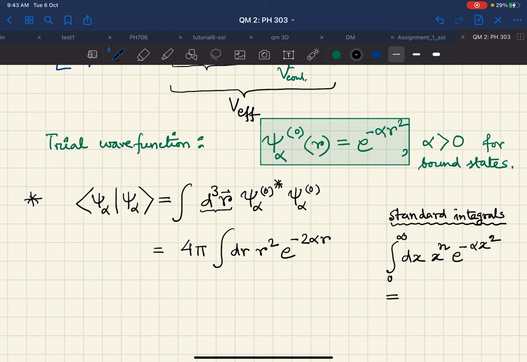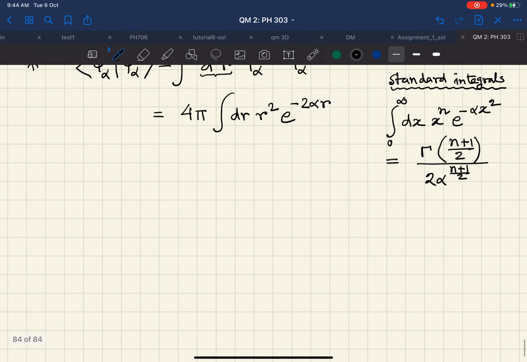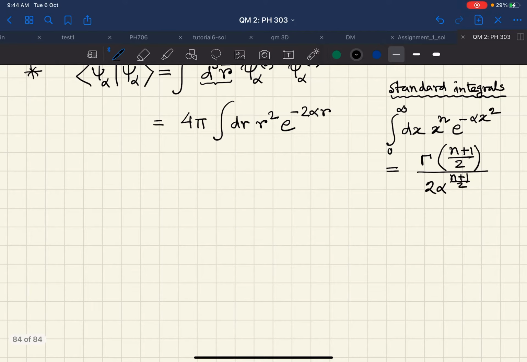The result of this integration from 0 to infinity is nothing but gamma of n plus 1 divided by 2, divided by 2 alpha to the power n plus 1 by 2. And we will also remember the fact that gamma half, the gamma function, is given by square root pi.